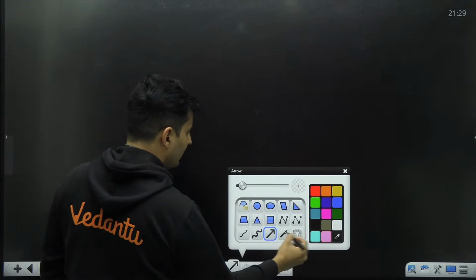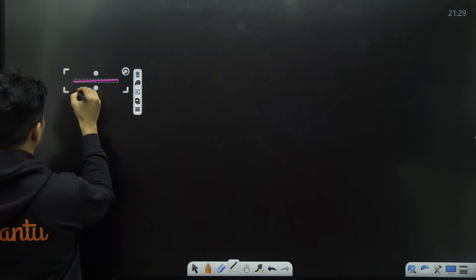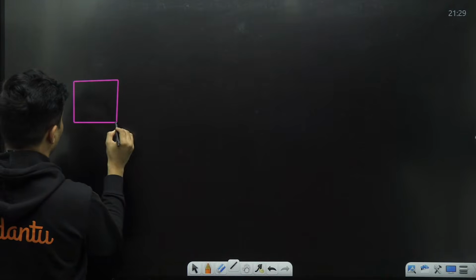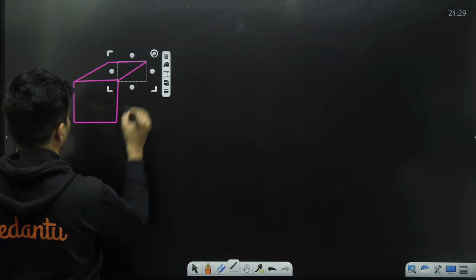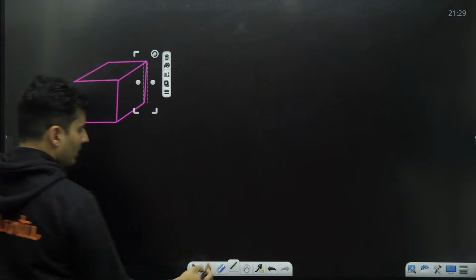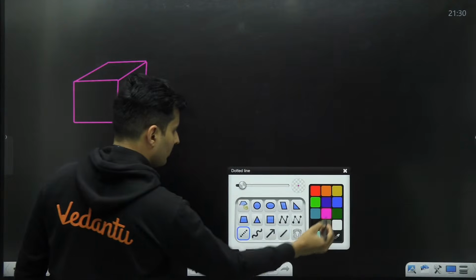Imagine there is a cube. Imagine there is a cubical surface. So let me just draw a cube like this. Okay, imagine there is a cube over here.